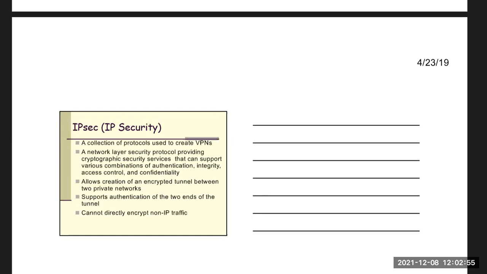It is the standard suite of protocols between communication points across the IP network that provides authentication, integrity and confidentiality.